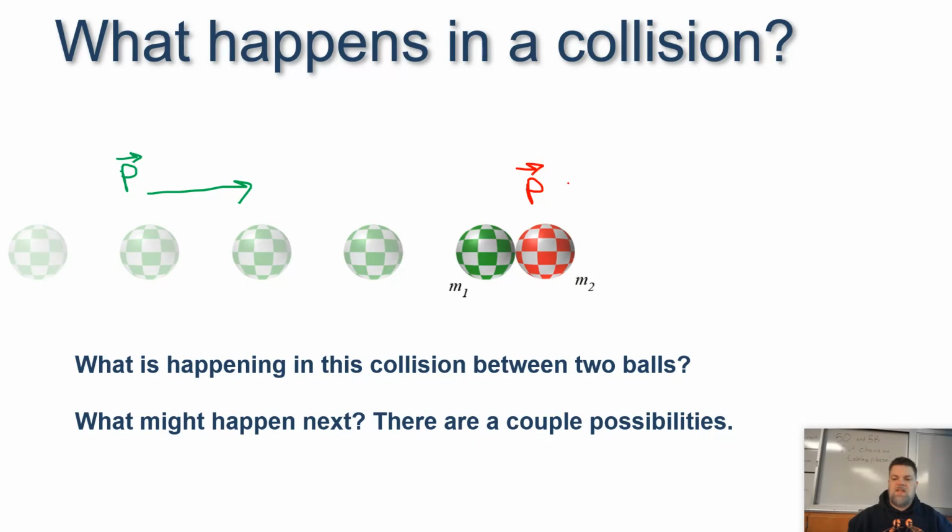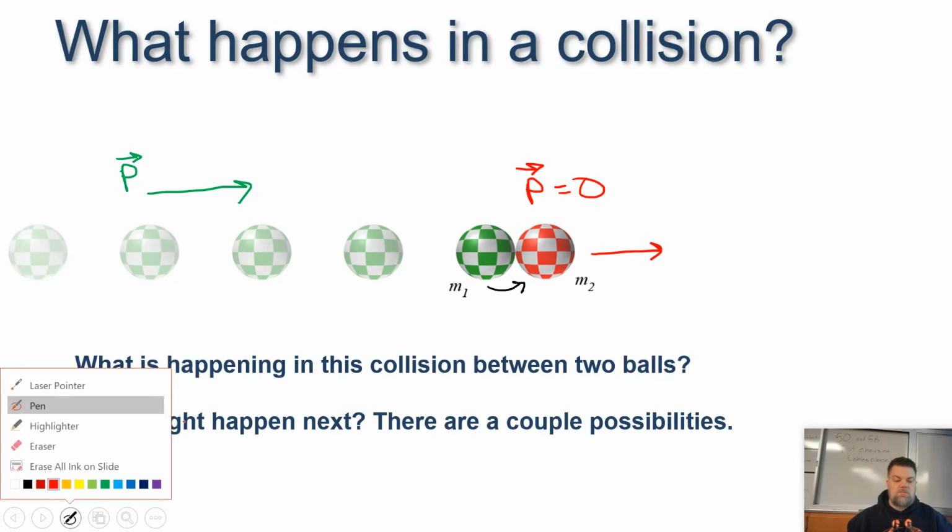You should be writing this down. And so one suggestion is that this green ball has a certain velocity, and once it hits the red ball, the red ball will move forward, but the green ball will slow down.